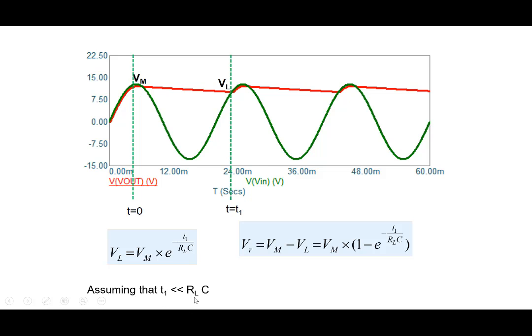And so this condition is most of the time true, which allows us to expand the exponential. If T1 is much smaller than RLC, we can take the Taylor series expansion of the exponential, and we can write VR is close to Vm T1 by RLC. So that makes the expression of VR simple.